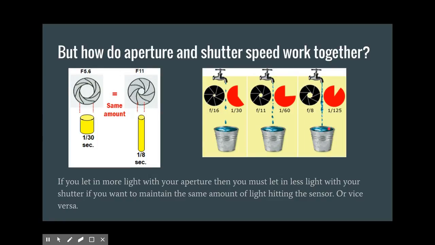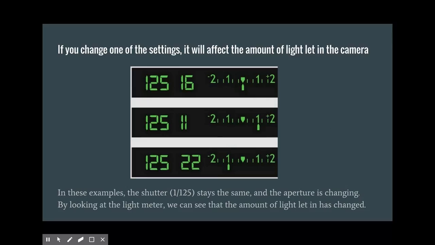So as you can see, you can have an equivalent with a larger aperture with a shorter amount of time is equivalent to a smaller aperture with a longer amount of time. But if you change one of those settings, it's going to affect the amount of light let into the camera.